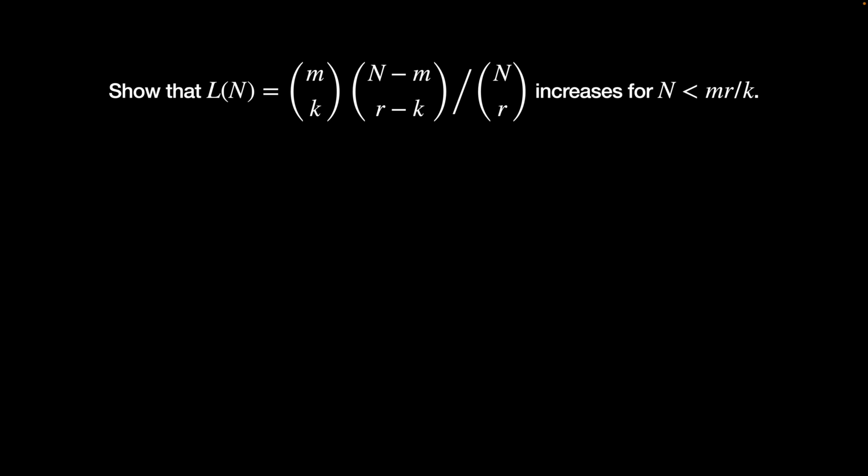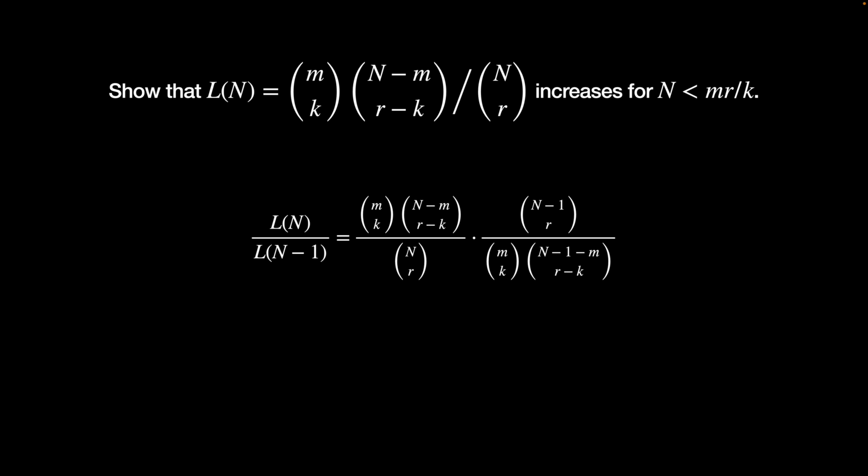Since we're working in a discrete world, we can do stuff like this, right? Where we look at the ratio of our function with respect to n divided by our function with n minus 1, right? And then just using our definition of the function, I have this product here of these two fractions where I have flipped the fraction on the right so that it's no longer in the denominator of our original ratio.